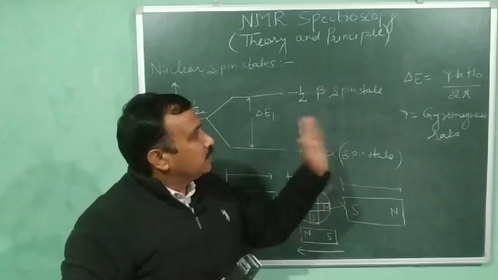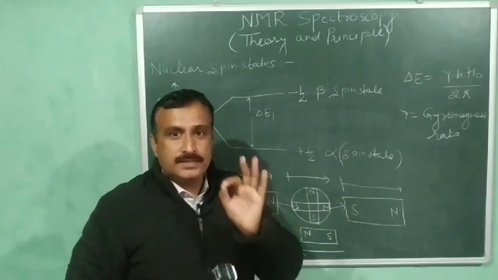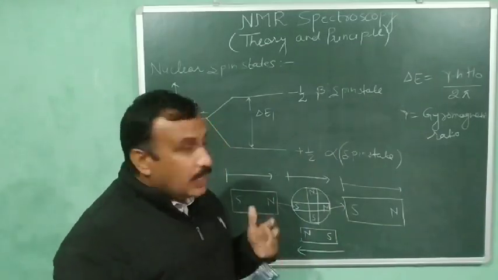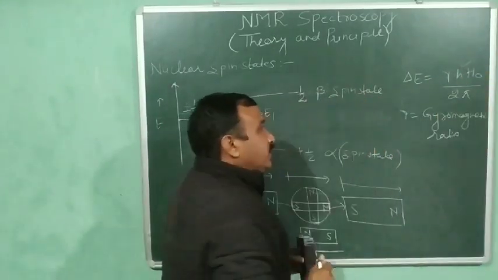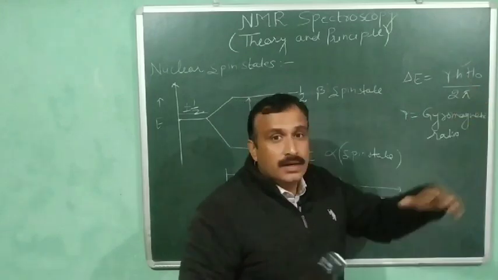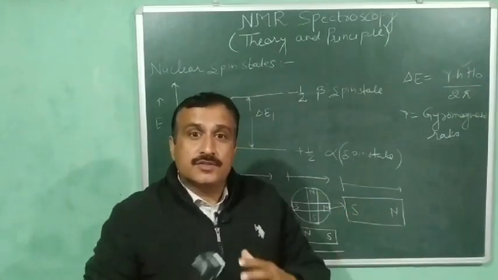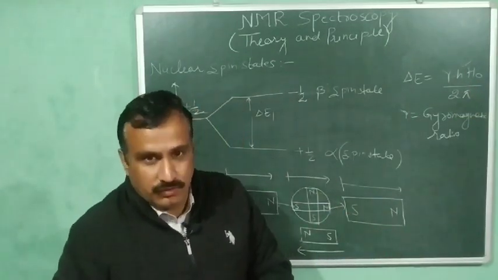So it is a nuclear constant called the gyromagnetic ratio, where h is the Planck's constant and H naught is the strength of the externally applied magnetic field.